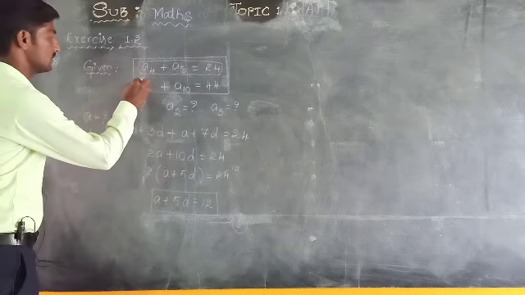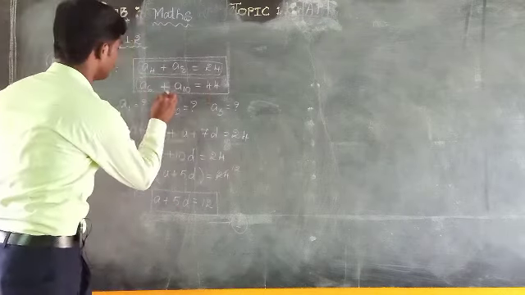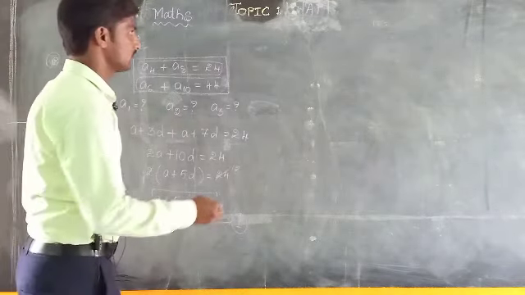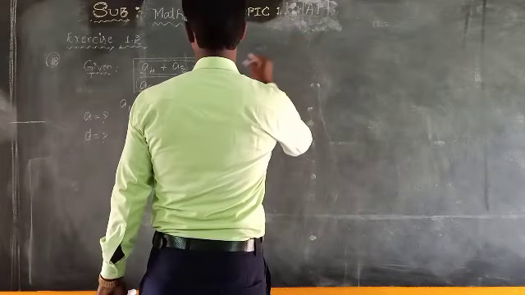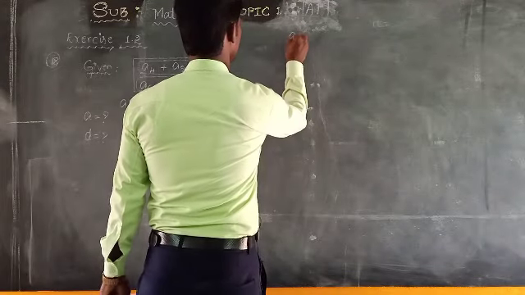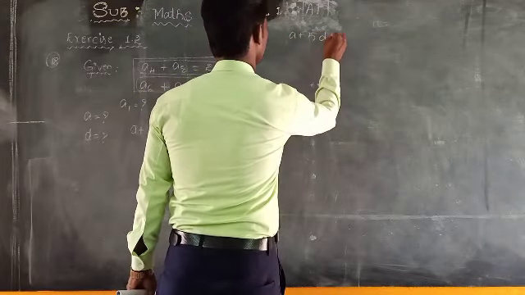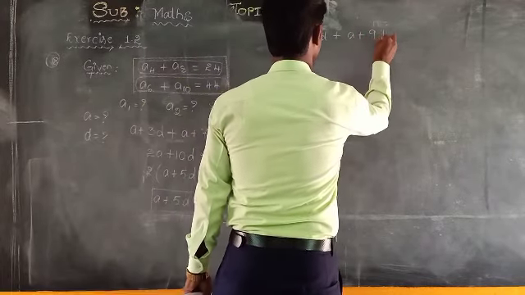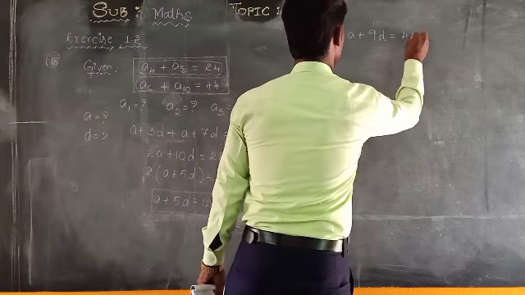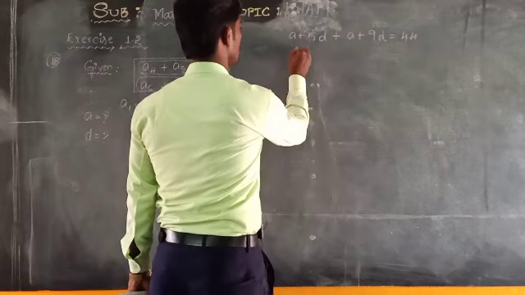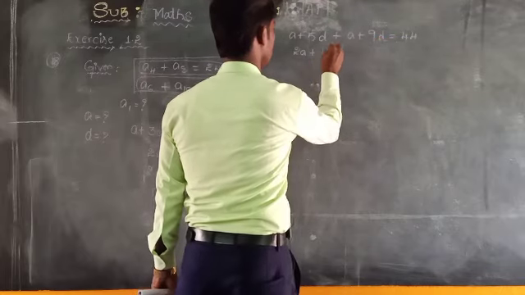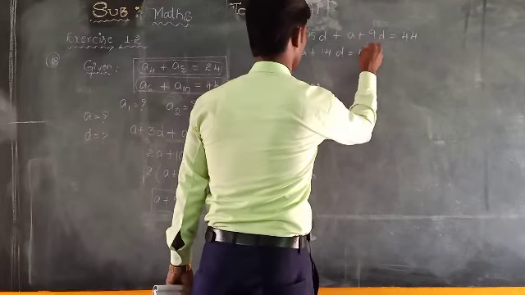Next, use the second data. The sum of the sixth term and 10th term is 44. The general form of A6 is A plus 5D, plus the 10th term A plus 9D, equals 44. 2A plus 5D plus 9D becomes 14D, equals 44.